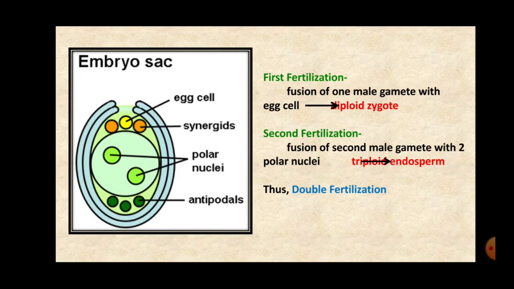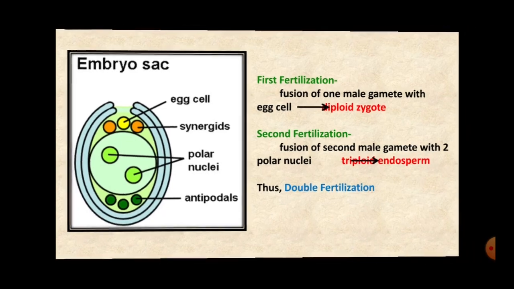First, one male gamete unites with the egg cell and forms the zygote, and then the second male gamete unites with the polar nuclei, and the endosperm, which is triploid in number, is formed, and thus it is called double fertilization in angiosperms. This is the sexual reproduction in plants.